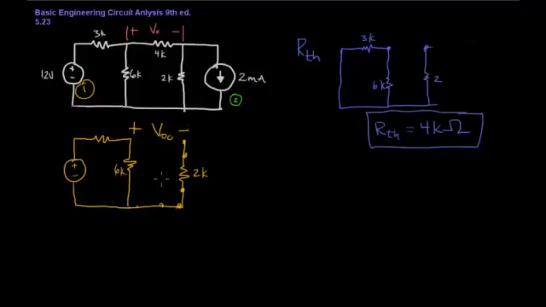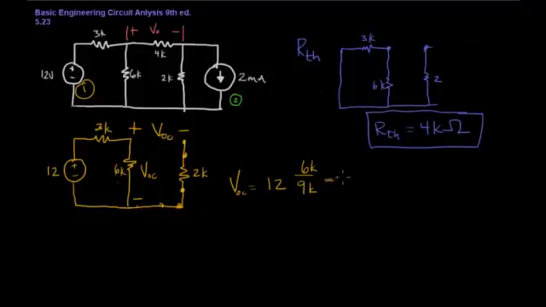So when you look at it that way, you can then see that, look, we could bring it right down here, and we could say that this is VOC. Oh, well then, VOC is simply the voltage across the 6K resistor. And we can solve that using voltage division. So VOC then equals 12 times 6K over 9K.